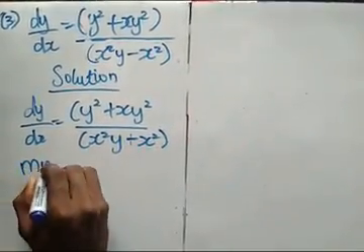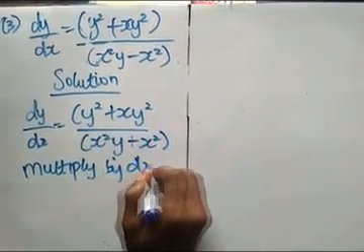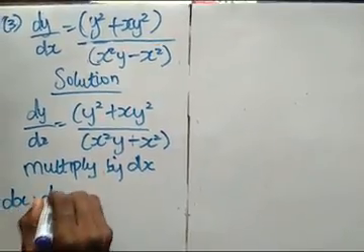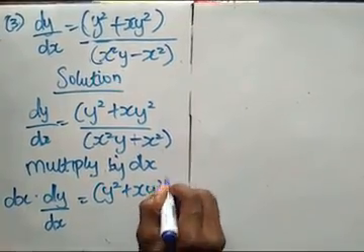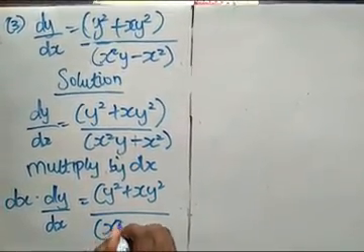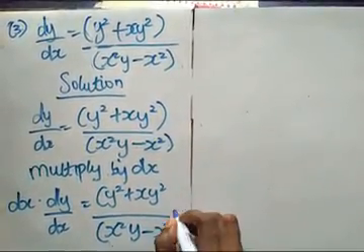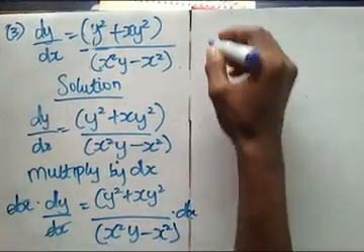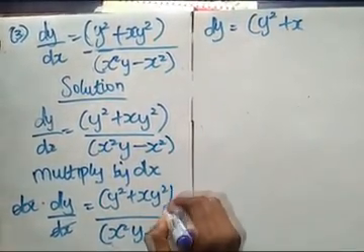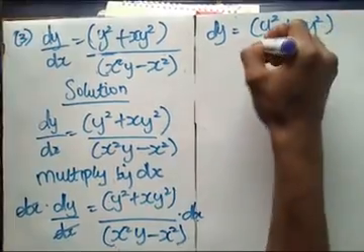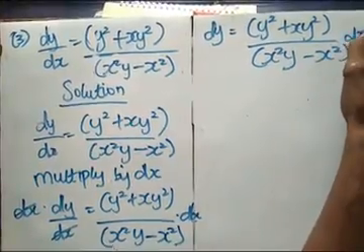So we multiply by dx, so it will be dx times dy over dx equals (y squared plus xy squared) over (x squared y minus x squared) dx, so the dx will cancel out. We have dy equals (y squared plus x y squared) over (x squared y minus x squared) dx.